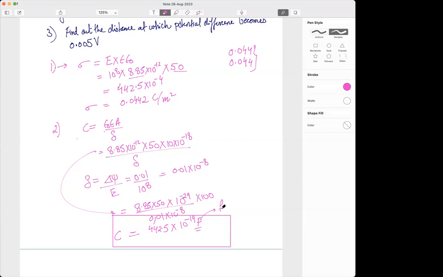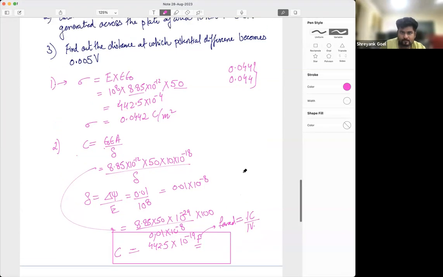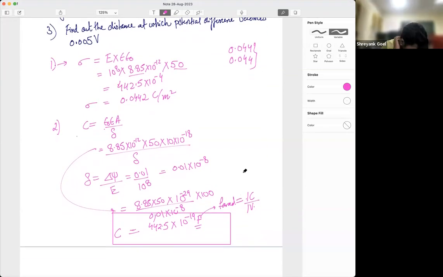Faraday. Okay. That means 1 coulomb per 1 volt is a Farad. So try the third one and then we'll see.